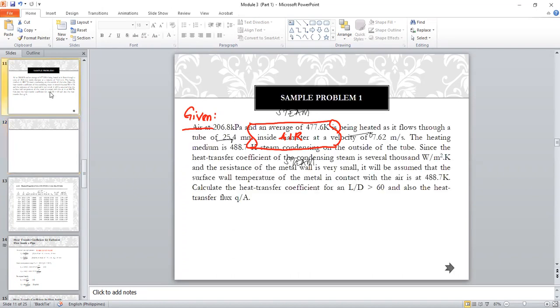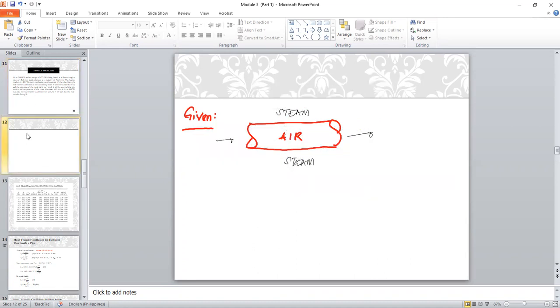Okay, we'll get the information that we have on the problem. So your air is at 206.8 kilopascal and 477.6 Kelvin. Let me just get it from here, that way we won't have to keep on erasing what's written already in the previous slide. So your air, in the inner part of the tube, is at a pressure of 206.8 kPa, and the average temperature is 477.6 Kelvin.